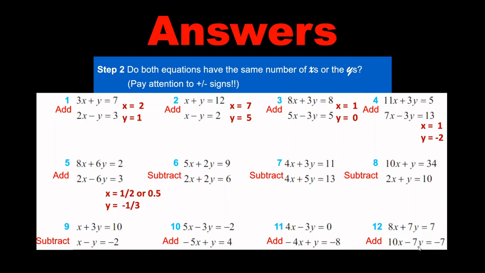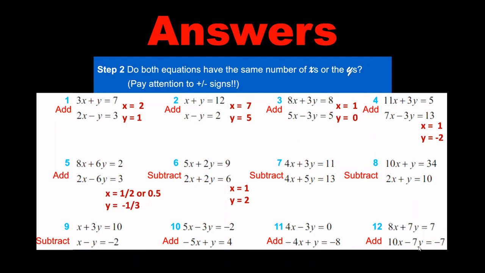If you wrote -0.3 recurring, that's perfectly fine. However, if we want to do the check with that value, it won't be perfectly accurate if you just substitute in -0.3. For question 6, we subtracted to eliminate the y's.